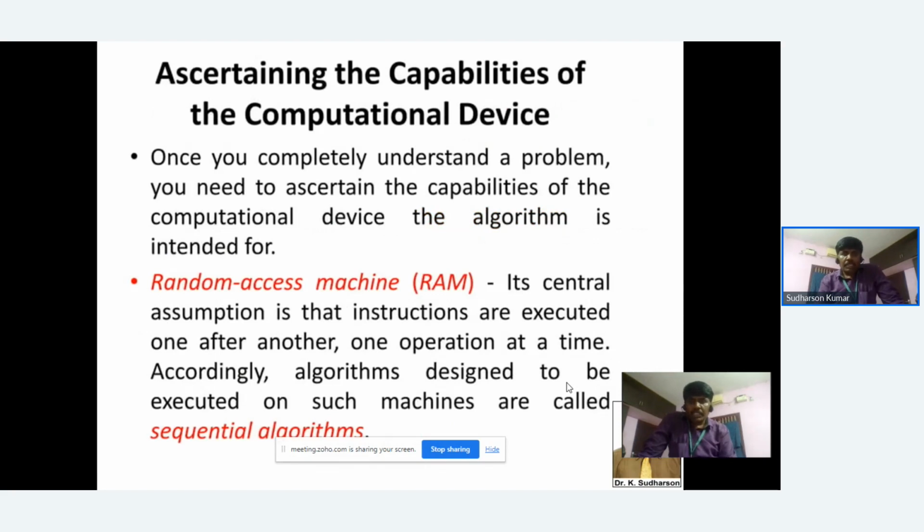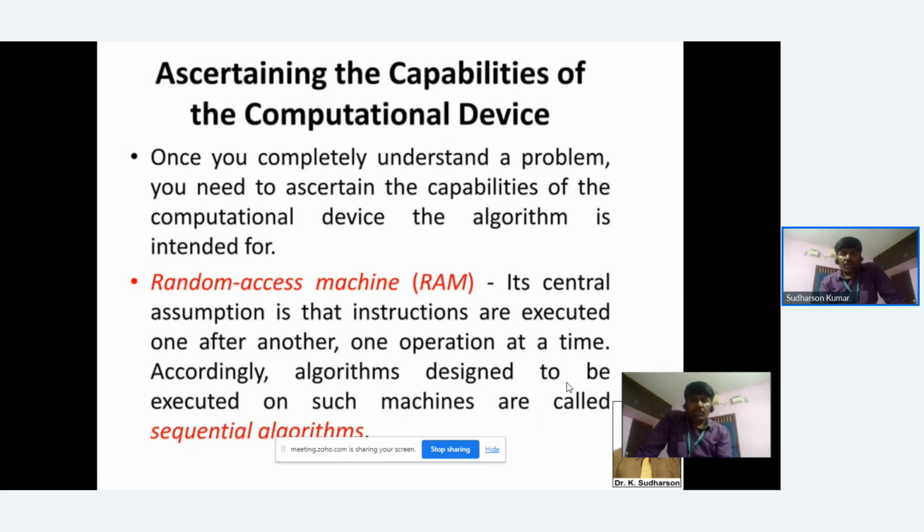Then the second step is ascertaining the capabilities of the computational device. While designing an algorithm, you must ascertain the capabilities of the computational device. For example, for your algorithm, how much RAM is required? An algorithm is a sequence of steps, right?